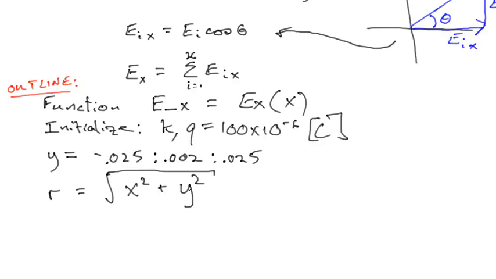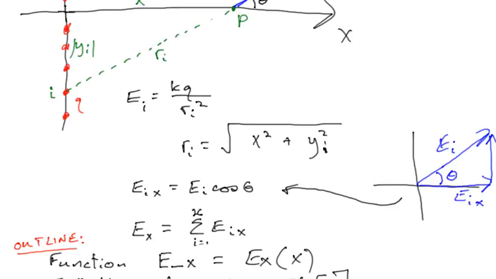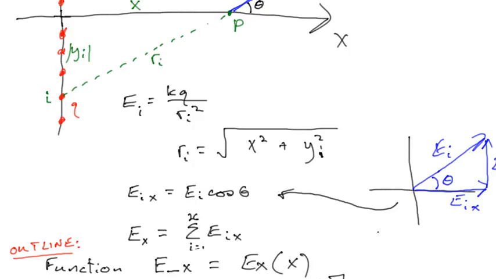We've got to do this in a way that makes it so that even though x was a single value, y has these 26 values, and it makes it so that we've got 26 values of R. So this is an array. It's not like R is just going to have one value. It's got a set of 26 values.